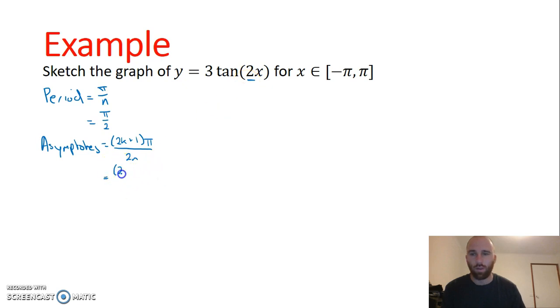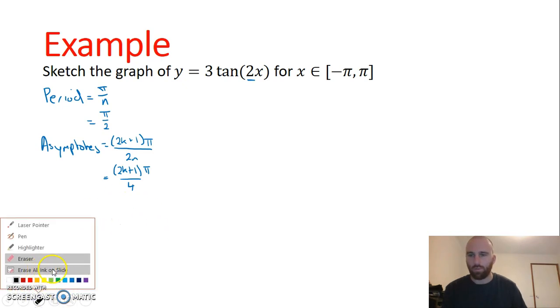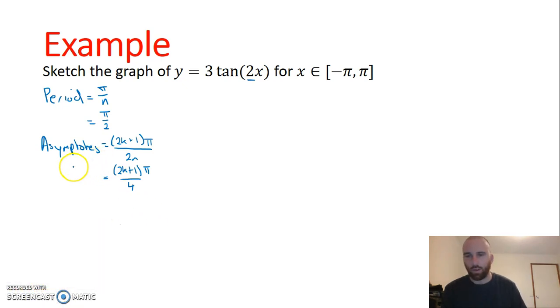So this becomes 2k plus 1 pi over 2 times 2, which is 4. So that's our formula for our asymptote. To find our x-intercepts, we're going to use the formula that we had on the previous slide, which was k pi over n. In this case, n, as we know, is 2. So these are our 3 values that we need to generate with.